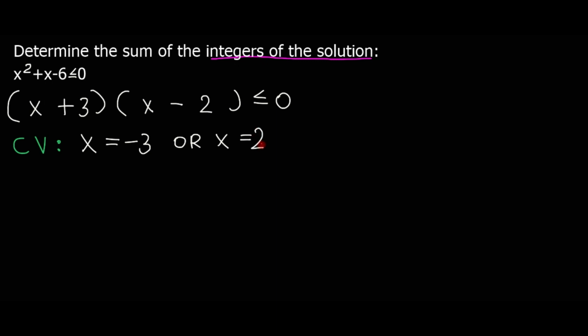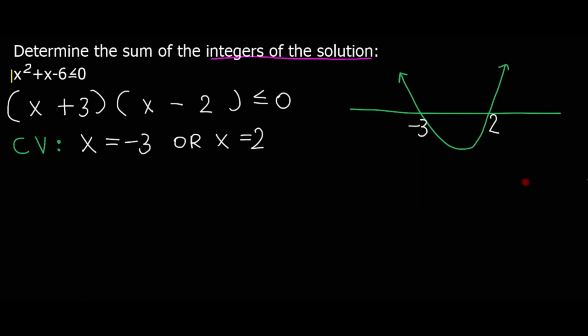So these are the critical values, and then from there the coefficient of x squared is positive, so we will have this shape, concave up, and then the critical values, it's -3 and +2. So this is -3 and then this is +2.